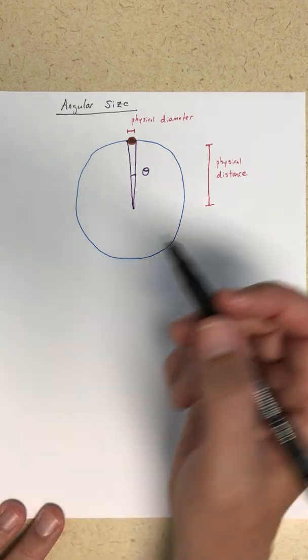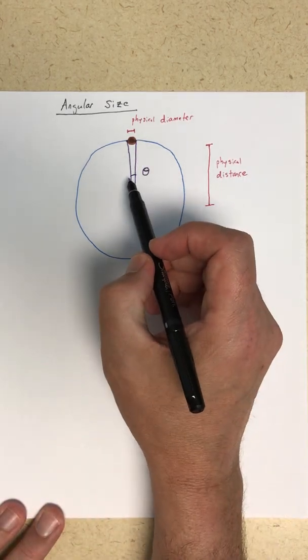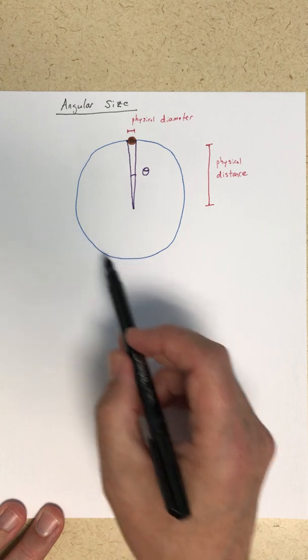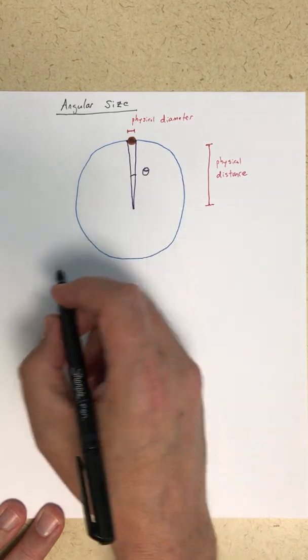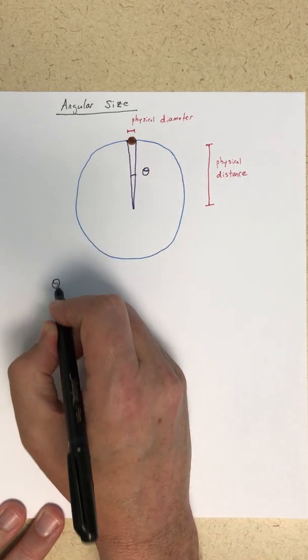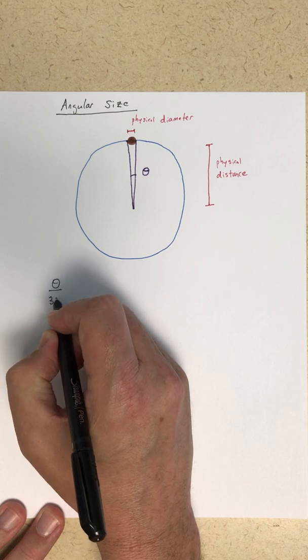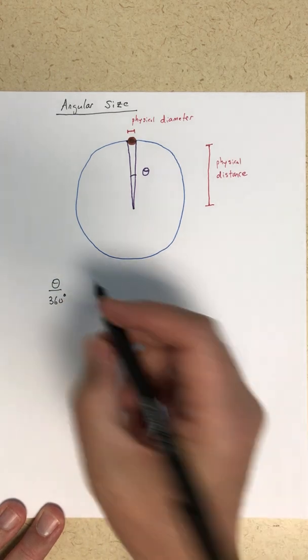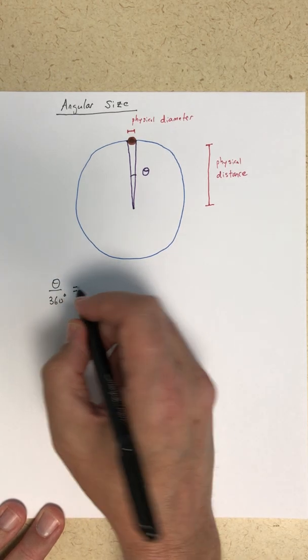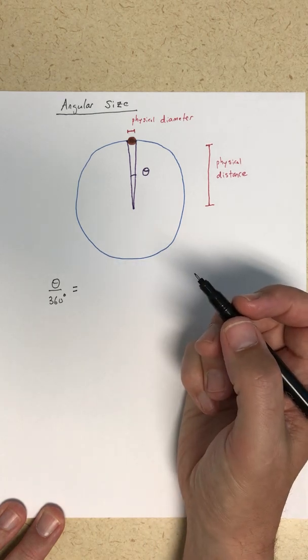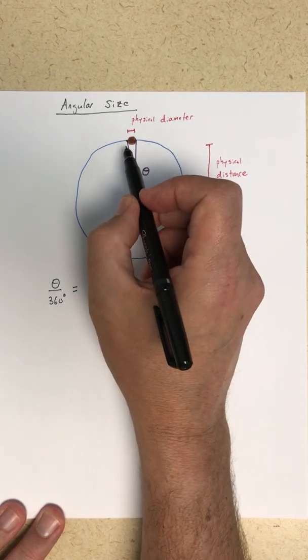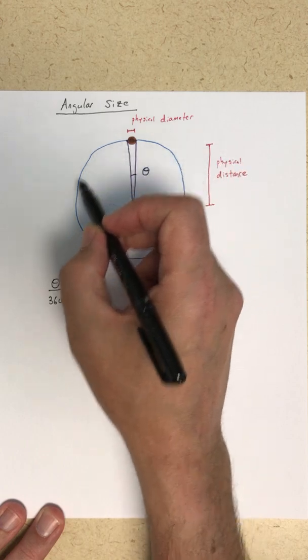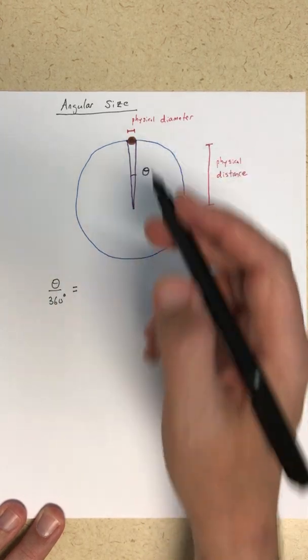We can set up ratios, so the angle theta over a full 360 degrees to go around the circle. That ratio of theta to 360 degrees has to be the same ratio as the physical diameter to the full circumference of the circle.